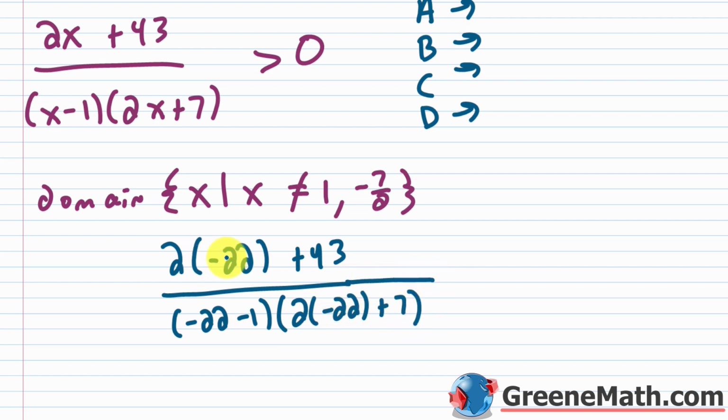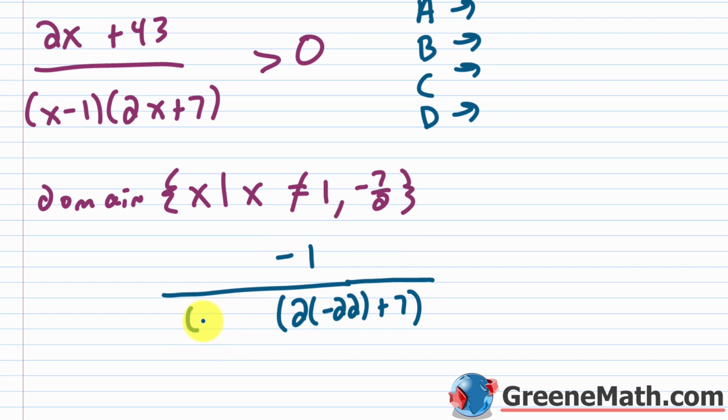Now, 2 times negative 22 is negative 44, and then negative 44 plus 43 is going to be negative 1. So I'm just going to erase this and put negative 1. But the key thing here is it's going to be negative. Then down here, negative 22 minus 1 is going to be negative 23. And then here, 2 times negative 22, we know that's negative 44. And if we add negative 44 plus 7, that's going to be negative 37.